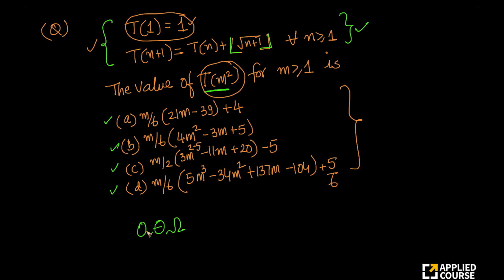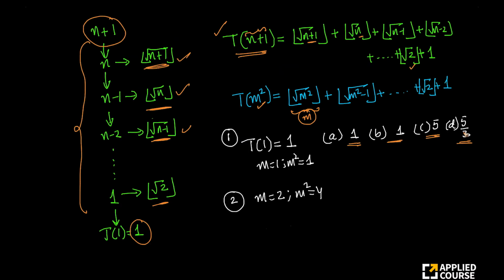What did I do? I just replaced m equals 1 in these formulae, in each of these expressions, and computed the value. It took me a little while to compute it, but if you compute it, you get these four values.